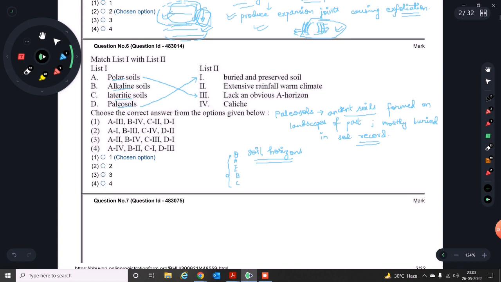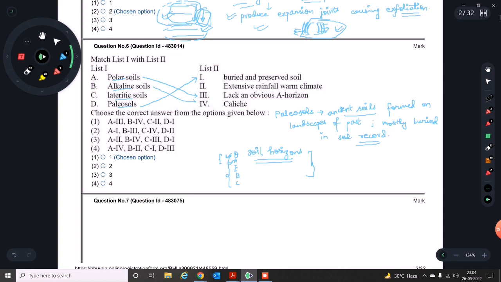You can visit that. And also, if need be, I will put up a separate video on soil horizons. So in O, A, E, B, C, both the A horizon and the O horizon are missing in the polar soils.